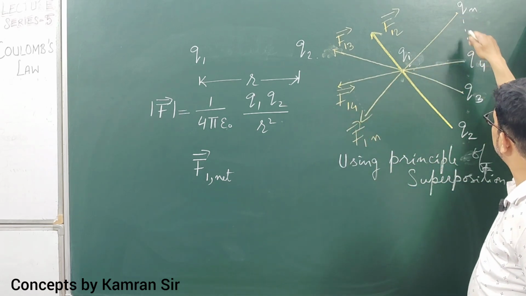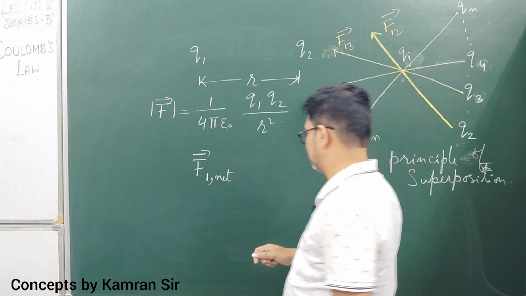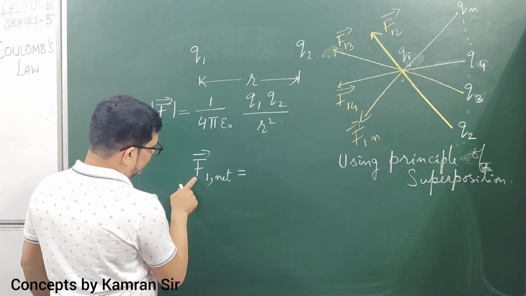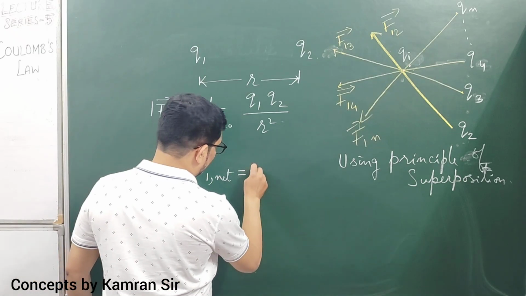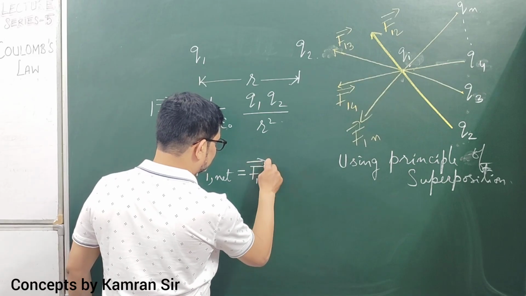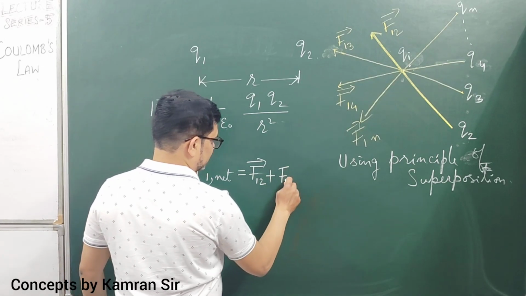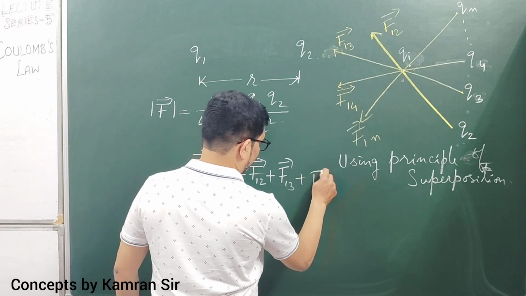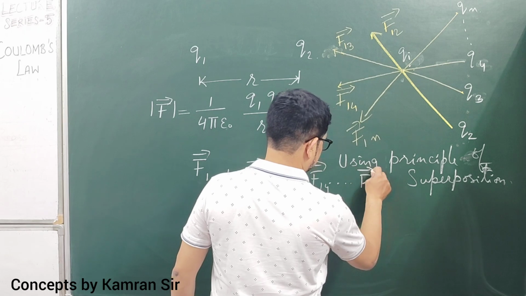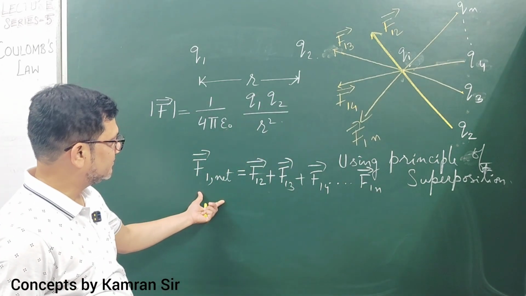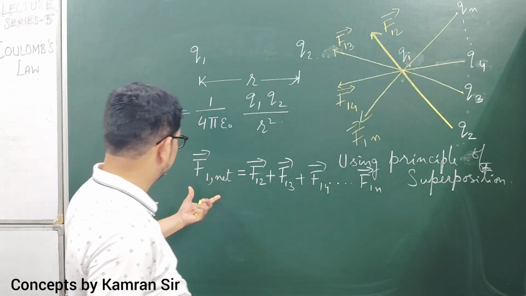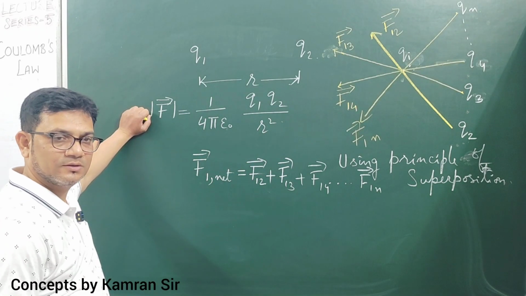We need to add them vectorially to get the net force. So the principle of superposition says that the force on 1 because of all the others is equal to the vector sum of each independent pair: F12 plus F13 plus F14, and it goes on until F1n. This is the mathematical expression of the principle of superposition, and it works here.